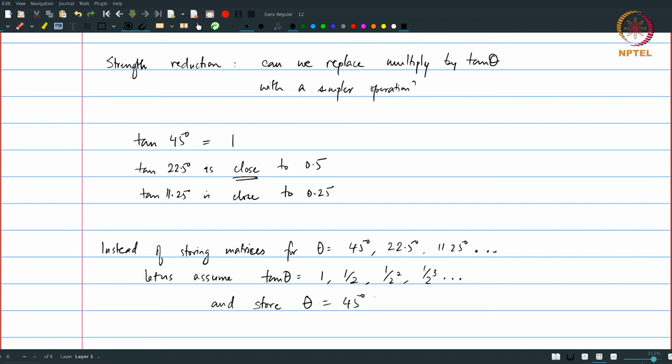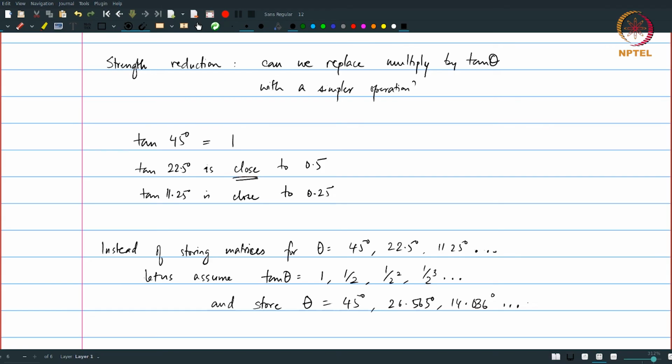In this case it would be 45 degrees, 26.565 degrees, 14.036 degrees, and so on. So what would this actually mean?